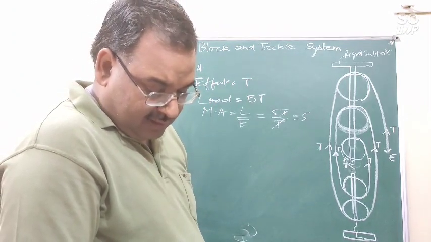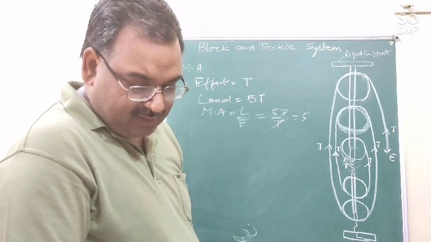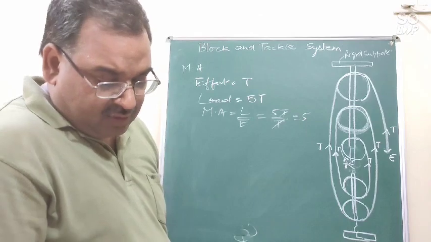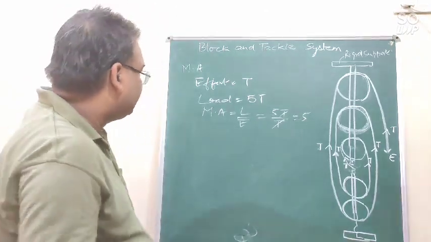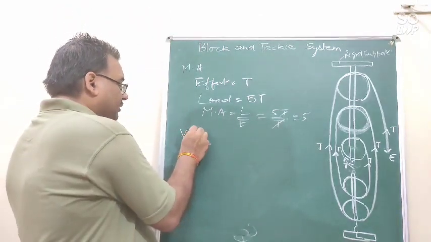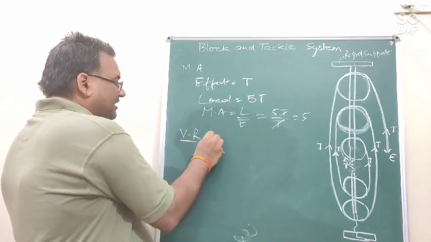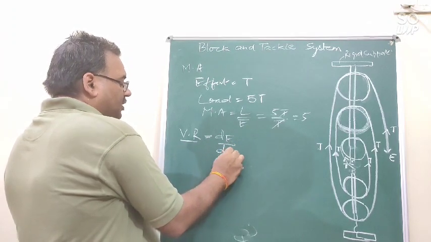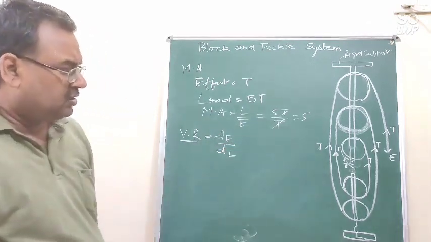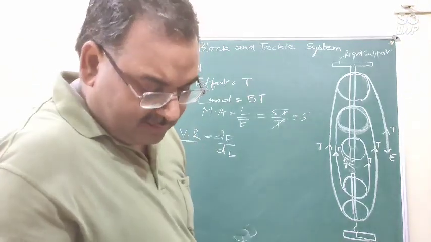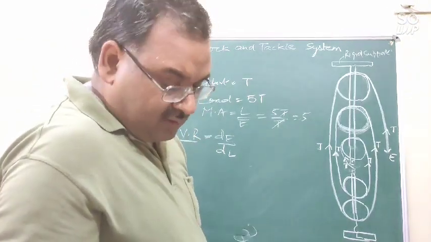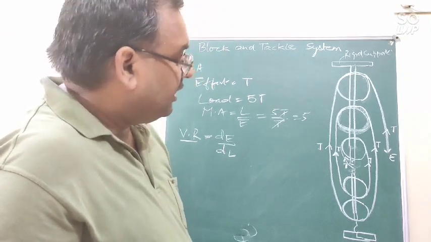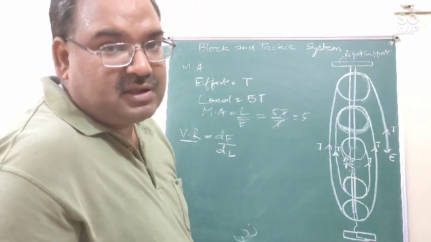Clear? Is it clear? Okay. Then we have velocity ratio. Velocity ratio of this system is distance of effort upon distance of load. Now suppose there are n pulleys in the system.